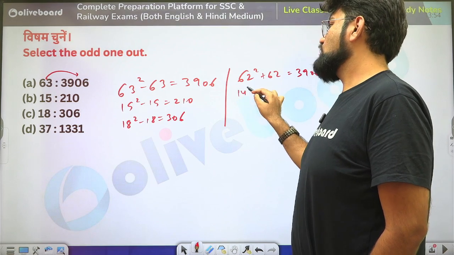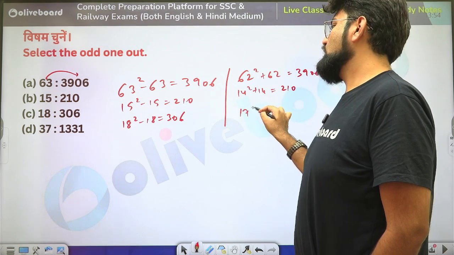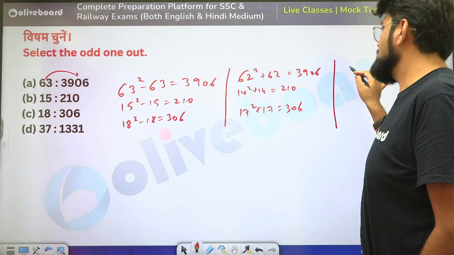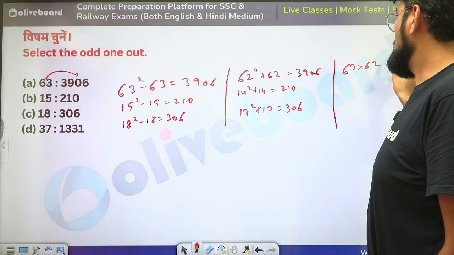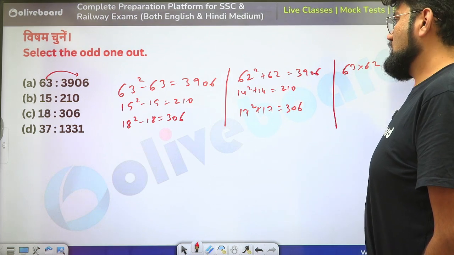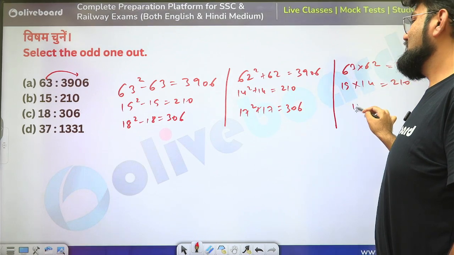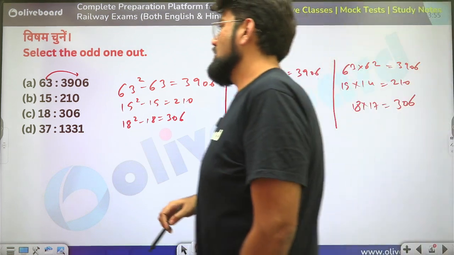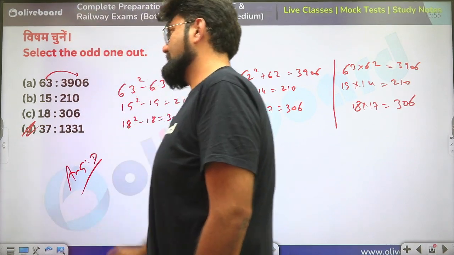Here 14 square plus 14 will also be equal to 210. And 17 square plus 17 is also equal to 306, or you can observe it as 63 into 62, that is also 3906. 15 into 14 is also 210 and 18 into 17 is also 306. Whichever way you pick it up, this is not following the logic. So option D is the odd one out.